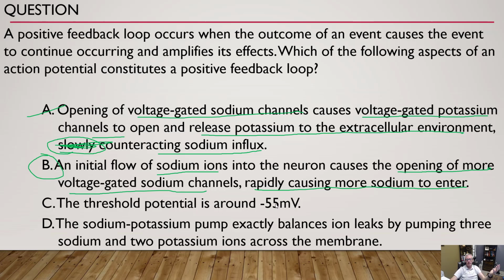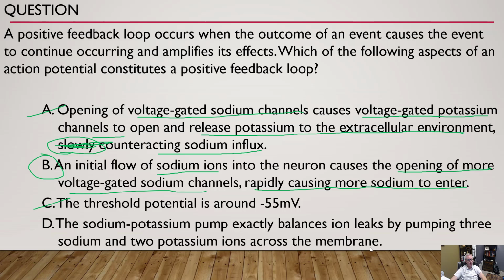The threshold potential around -55, that doesn't describe a positive feedback mechanism. That's just a true statement. It doesn't say anything about positive feedback. Sodium potassium pump exactly balances ion leaks.